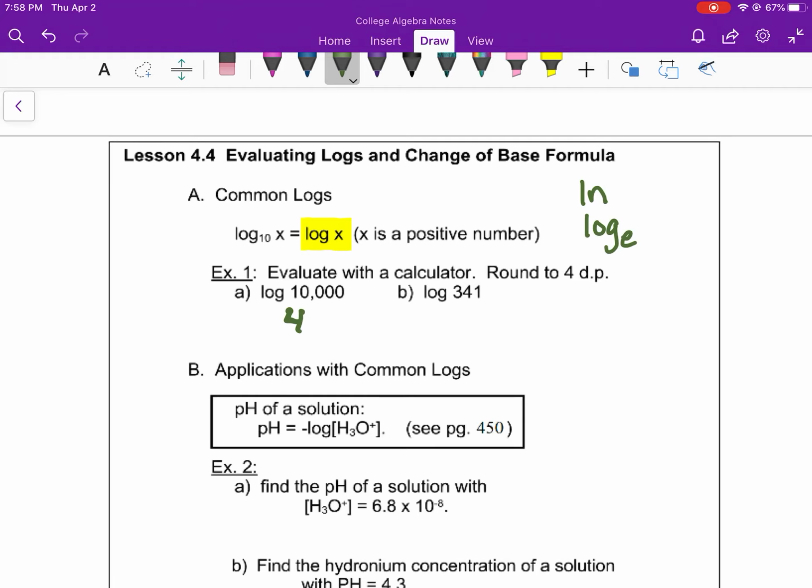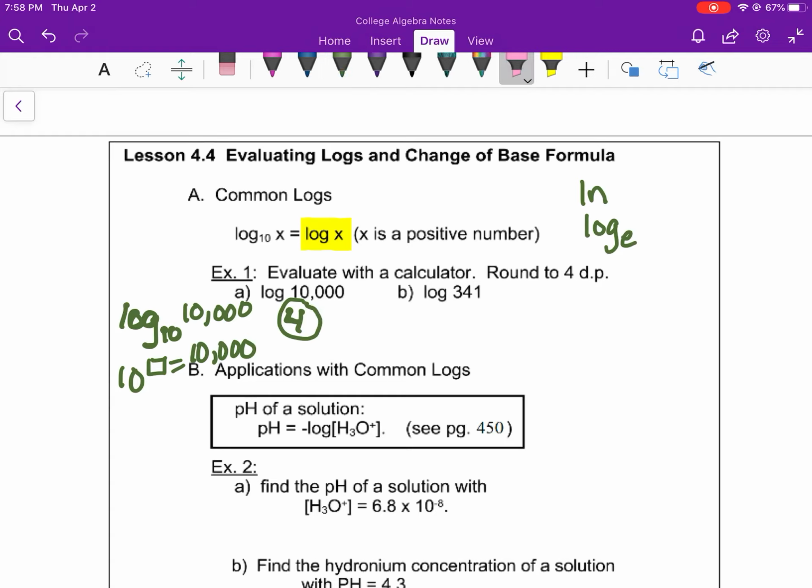Now, a quick way to do powers of 10, log base 10 of 10,000 means 10 to some power is 10,000. Well, 10 to the 4th power is 10,000. So log of 10,000 would be 4.